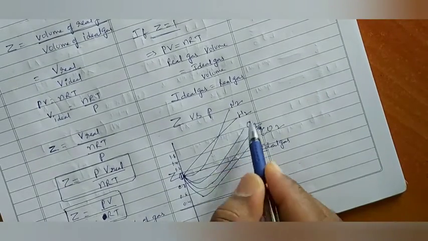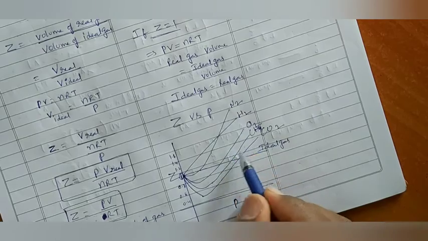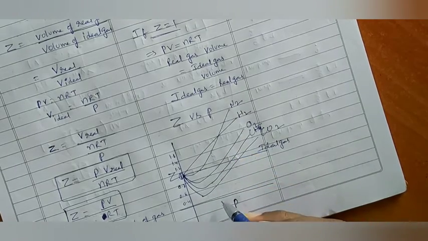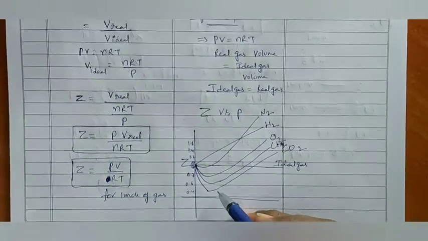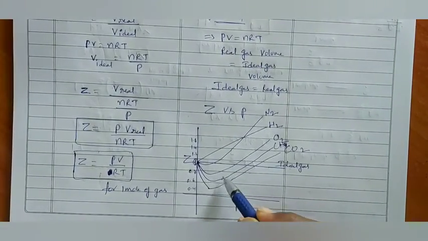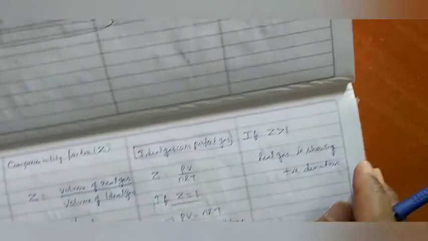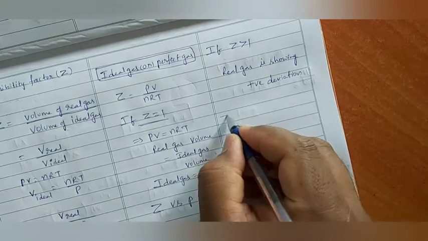These are all above this line. If it is above this line, that is positive deviation. If it is below this line, that is negative deviation. These are all negative deviation. This is positive deviation. If Z greater than 1, real gas is showing positive deviation.